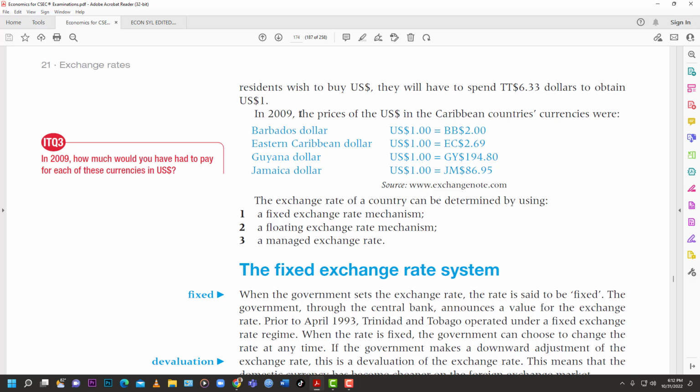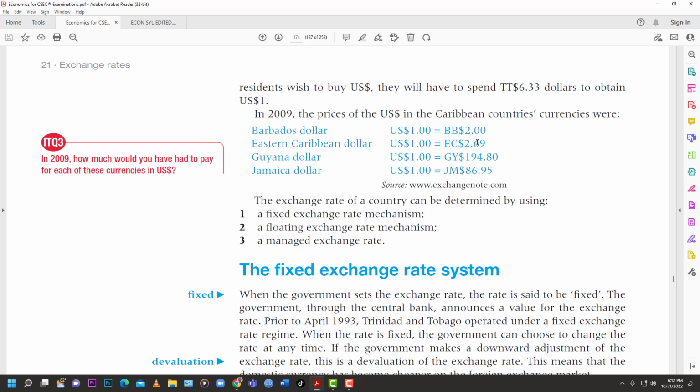In 2009, the prices of a US dollar in the Caribbean country currencies were: the Bahamian dollar was 2 to 1 still. The Eastern Caribbean dollar has since moved to 2.70. The Guyana dollar, whoa, 194 back then. The Jamaican dollar was 86.